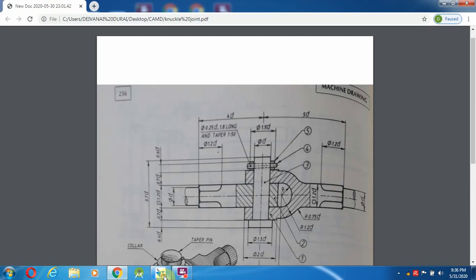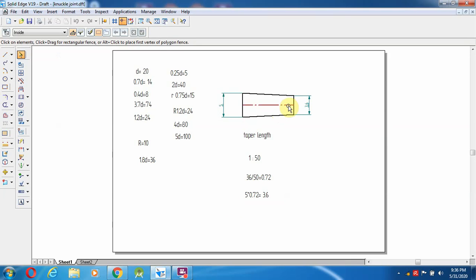So those 3.6 mm we are going to make it in this end. So this is the 5 mm. So 0.25d is the value we are getting as a 5, and 1.8 long we are getting as a 36 mm. So that 36 divided by 50 we are getting as 0.72. So 5 into 0.72 is equal to 3.6. So we are getting as the other end diameter.